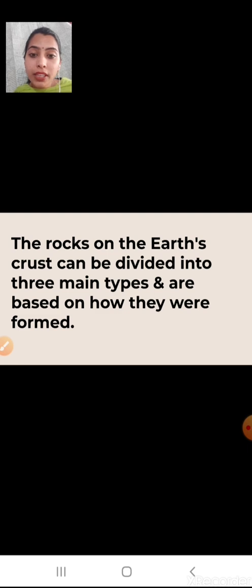The rocks on the earth's crust are divided into three types based on how they were formed. The formation of a rock determines its type.